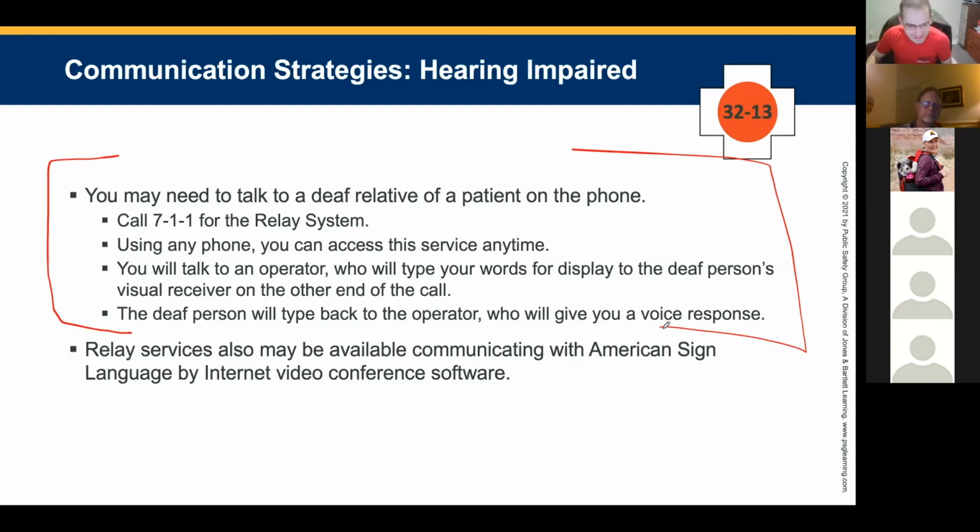Okay. What did you guys think of that? That's pretty cool. That's definitely nice to know. So if you dial 711 from a phone, it sounds like they ask for the phone number, and there's a teletype system on the other end where they can type and get that information. When might you consider using that system?